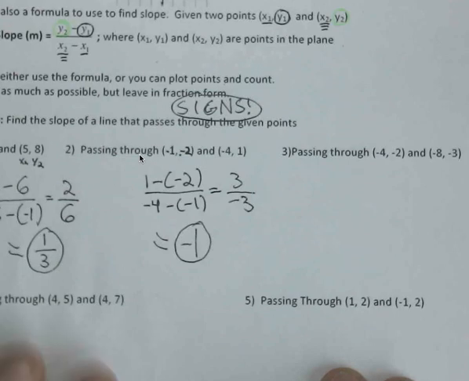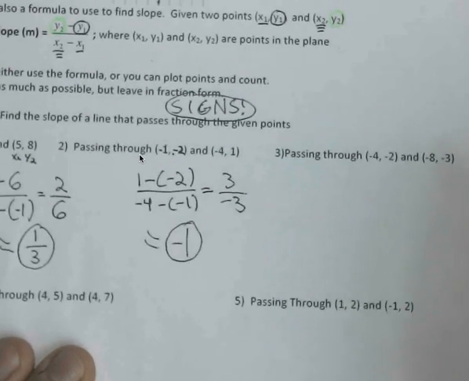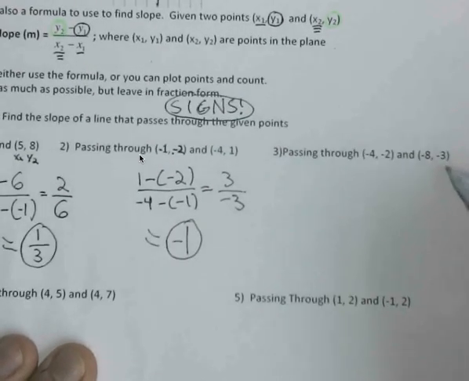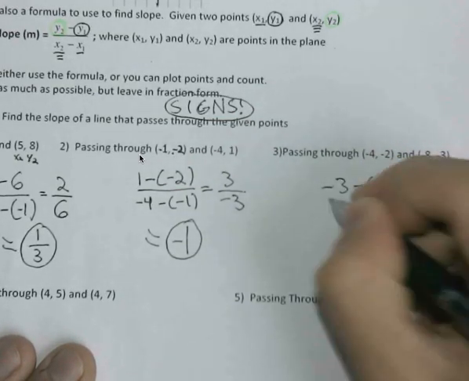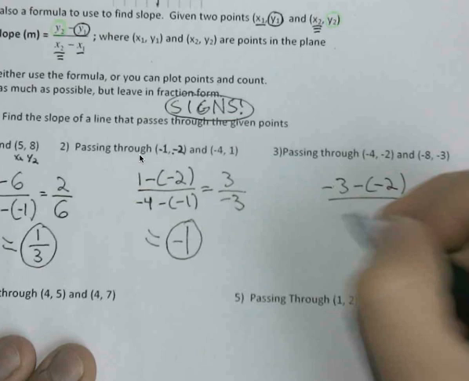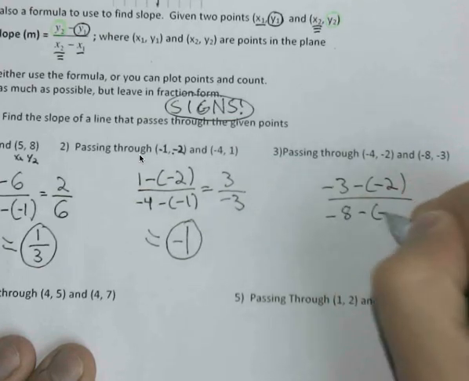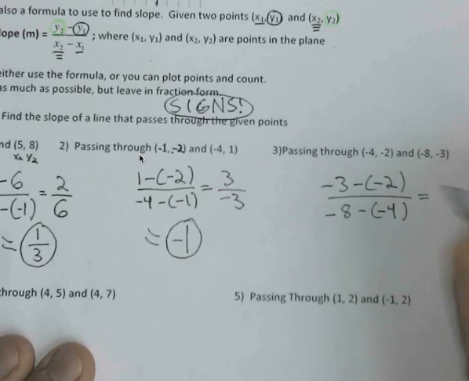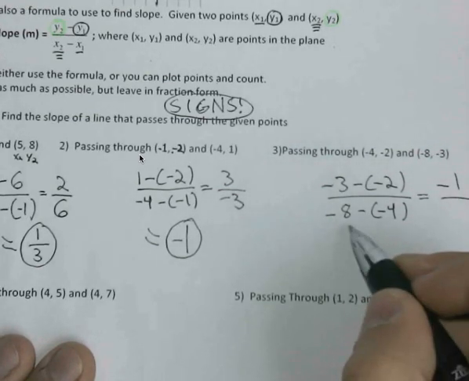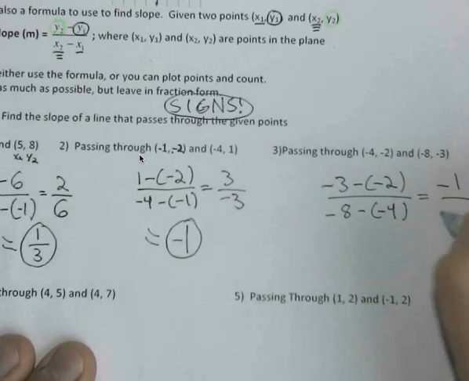For the next example, if you want to pause it, try it out real quick, go for it. We see we have -3 subtracting -2, -8 subtracting -4. -3 minus -2 gets us -1. -8 minus -4 gets us -4.